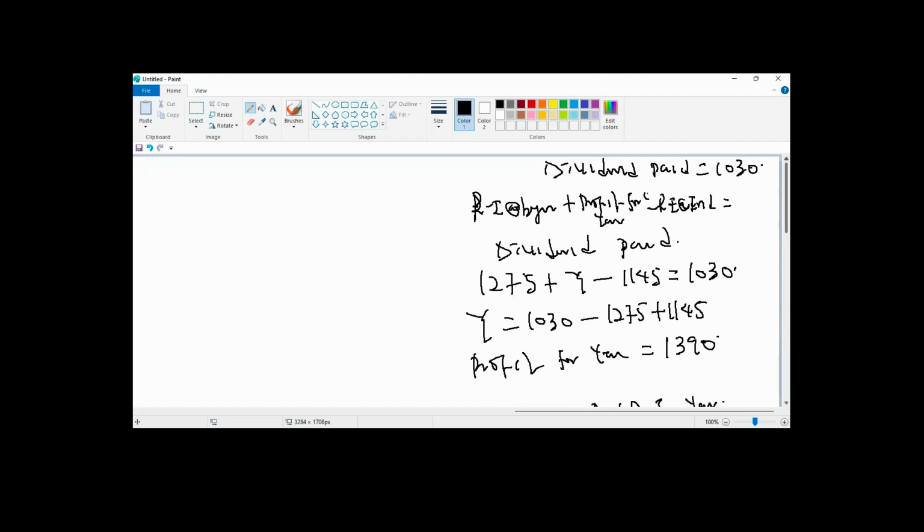Profit for the year plus 1145. That figure is not correct. It's supposed to be 900. I just saw this question yesterday, but online class for that student.